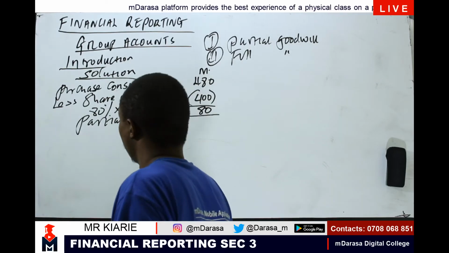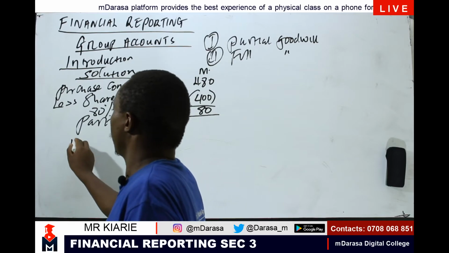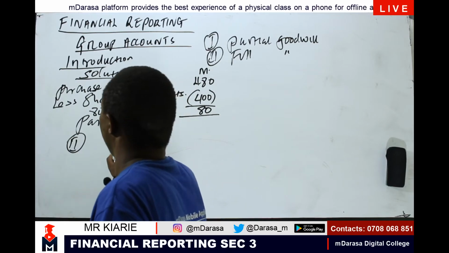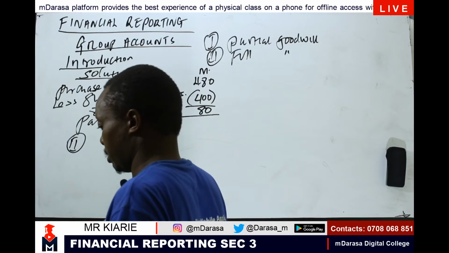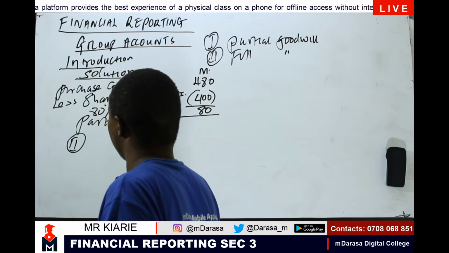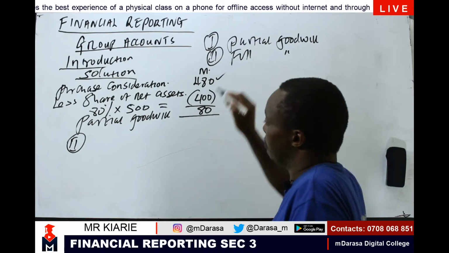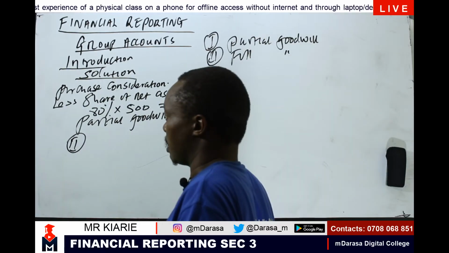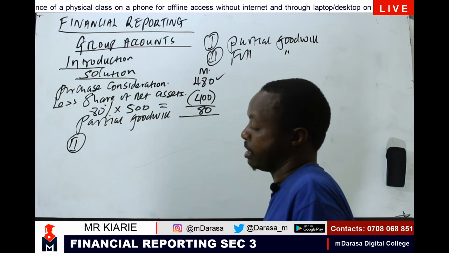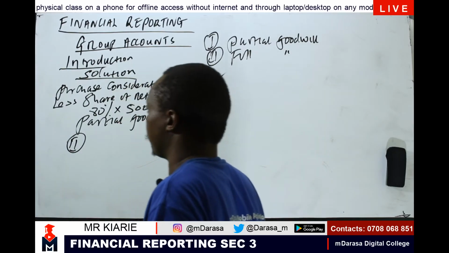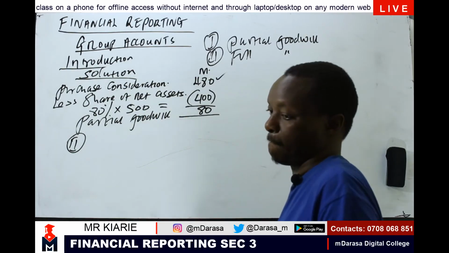So, Roman 2, we are now going to use the full goodwill method. Purchase consideration is the price paid by the parent to acquire the subsidiary. In this case, the parent paid 480 million to acquire 80% of Kubwa Limited.